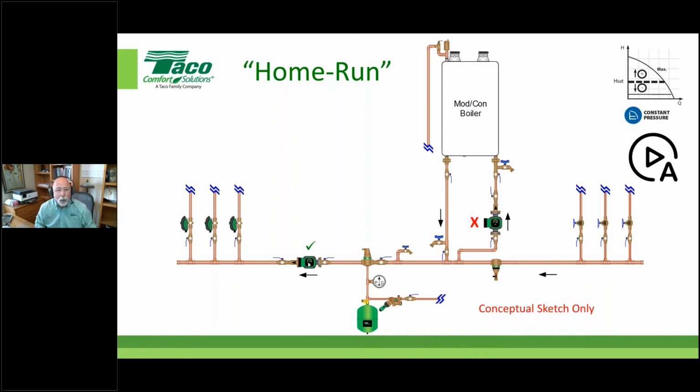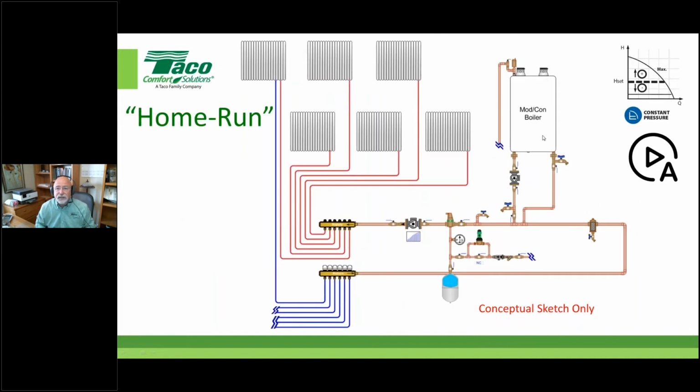So anytime you have a home run application like I'm showing you here, or maybe even something like this, people are doing these home runs. Let's say this is a panel radiator without a thermostatic radiator valve. Notice the zoning on this is right back here. Siegenthaler's shown this quite a bit in a lot of his writings.